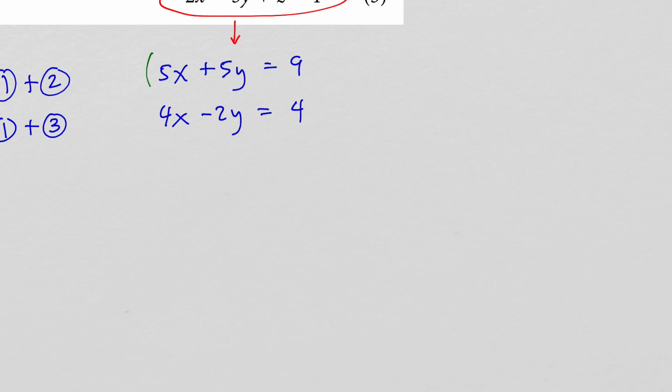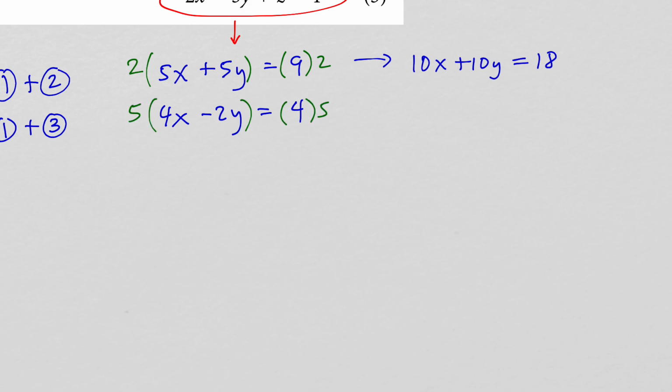So I'm going to multiply this first equation by 2, which is going to give us 10x plus 10y equals 18. And I'm going to multiply the second equation here by 5. And that's going to give us 20x minus 10y is equal to 20.